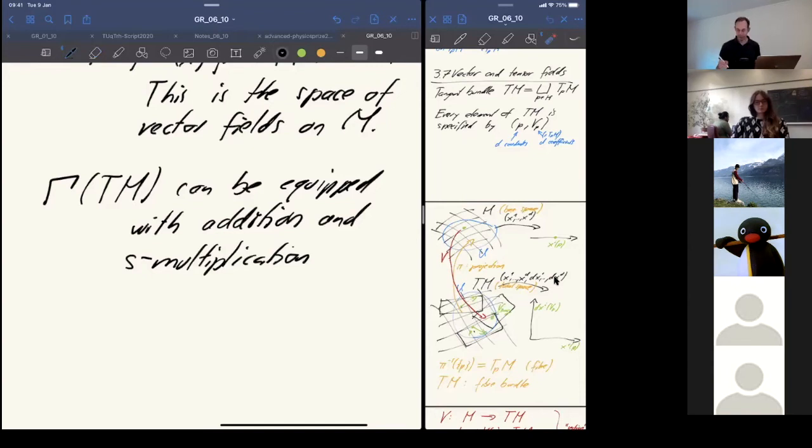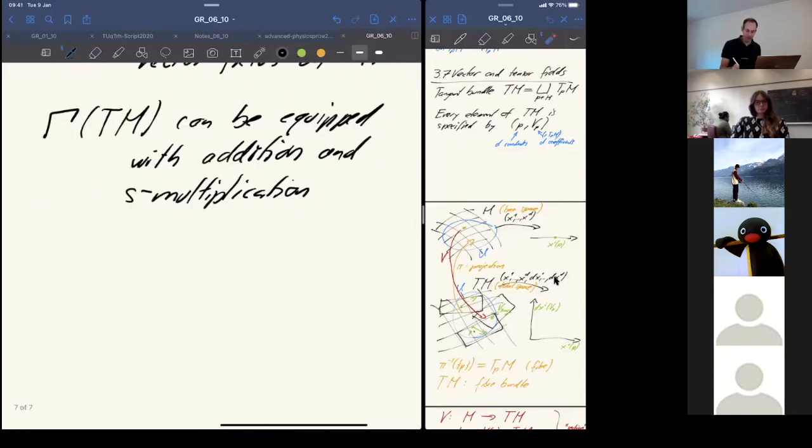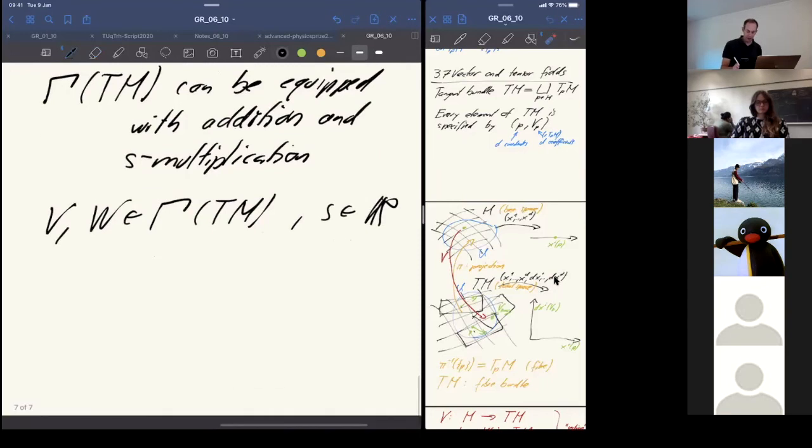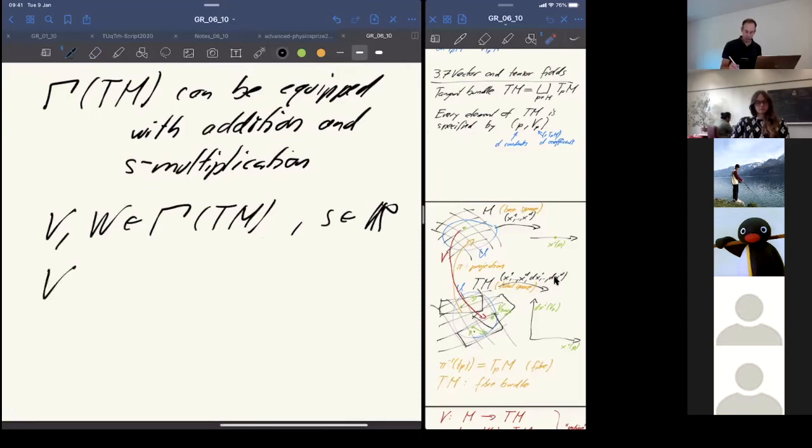I'm writing that really for this purpose. What I mean is that if you take two vector fields, so two elements of this, and a scalar, so a real number, then I can define what it means to add them and also to multiply them.